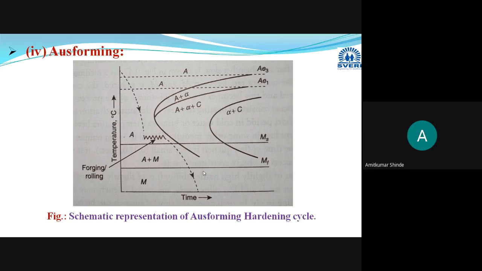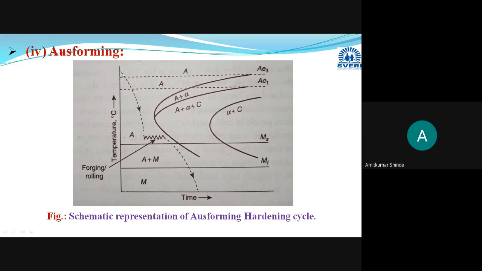And after that, the cooling is done. This is the cooling cycle. Cooling is done with a faster rate, or a rate exceeding the critical cooling rate. The critical cooling rate will be just touching this nose. Whichever rate comes in this left portion will be a faster rate than the critical cooling rate.